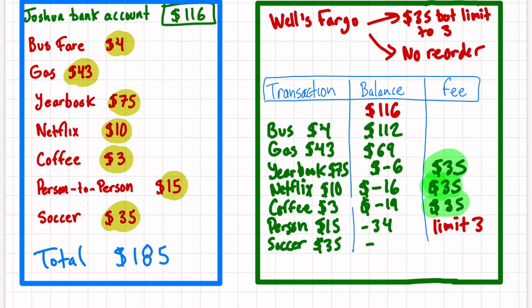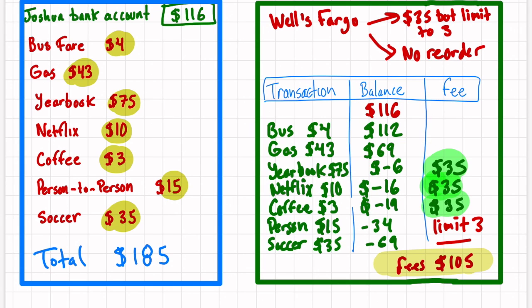And then the soccer gear, I paid $35. I now have negative 69. Once again, there's a limit of 3, so I don't have to pay a fee, which is good. So in total, I have to pay $105 for going over the amount of money that I have.